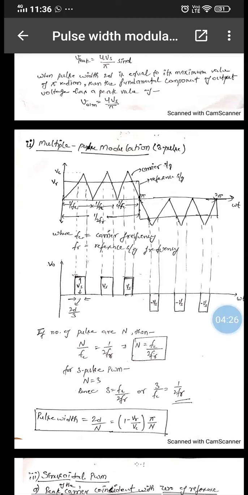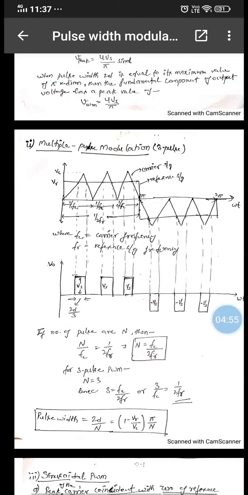We put the carrier signal and reference signal in a comparator, and whenever the reference signal is lesser than the carrier signal, the comparator will give a 1 output. So we will get the output pulse.